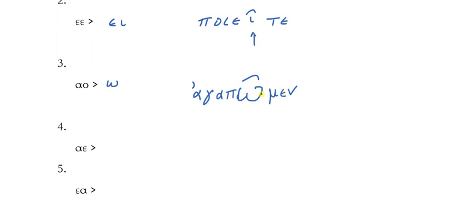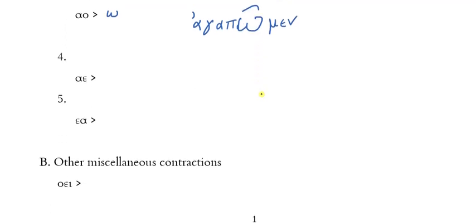Now, let's take a look at number 4. And really, number 4 and number 5, we could construe together because they're really the same vowels, but just in opposite sequences, right? Okay. I like the way Mounce describes this. The contraction that's produced here is really dependent on what he calls the who-got-there-first rule. So alpha and epsilon are the two vowels in question.